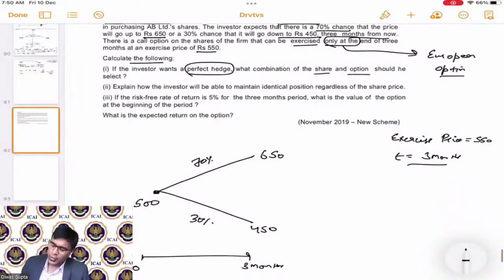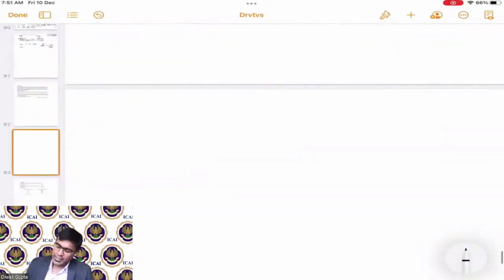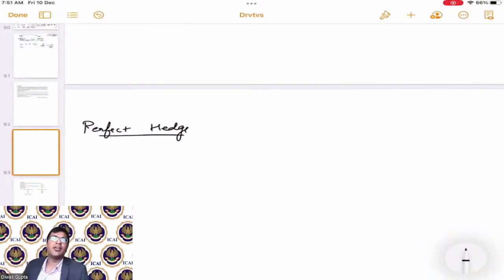Okay, now students, please note here, we are talking about a perfect hedge. Now first of all, let us know what is the perfect hedge. See, perfect hedge is given differently in the different situations.